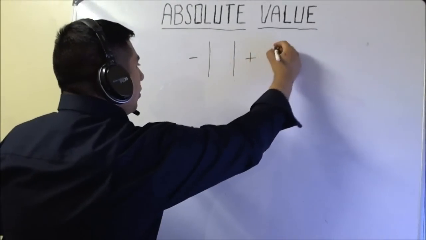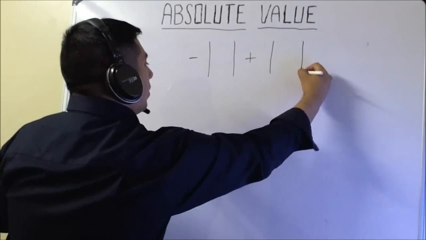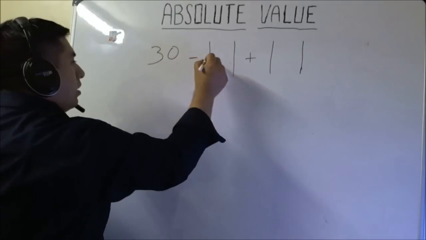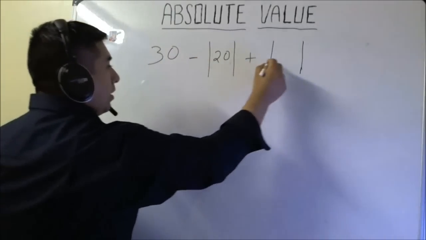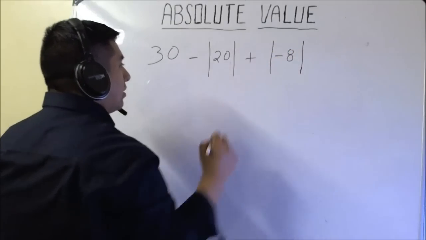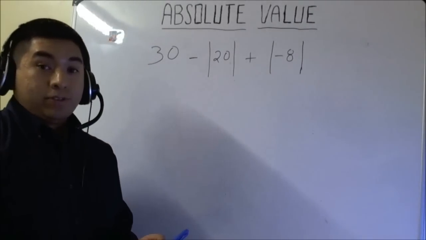Now we're going to use another absolute value right here, and we're going to use the number 30, absolute value of 20 plus absolute value of -8. Okay, again, what do you do first?